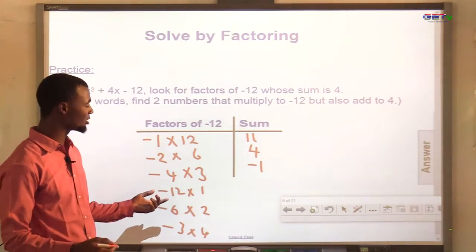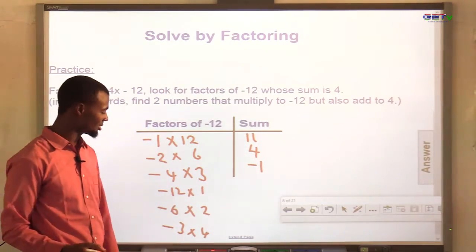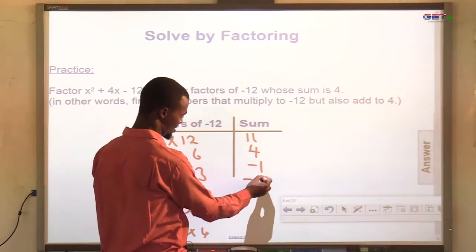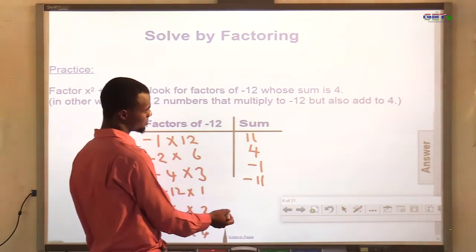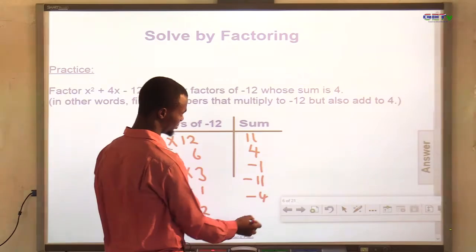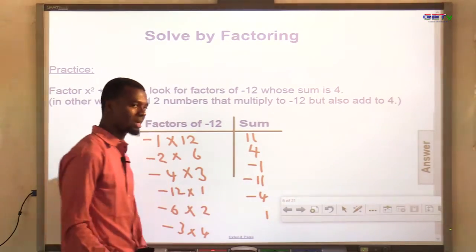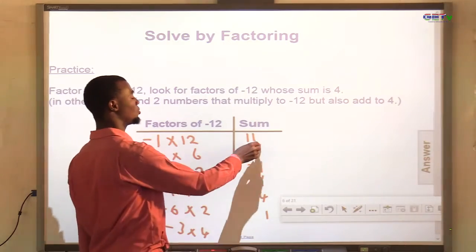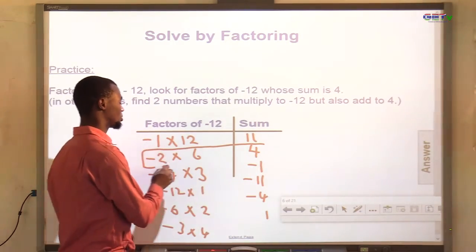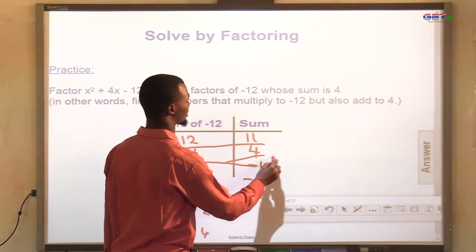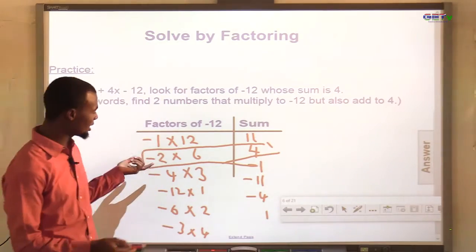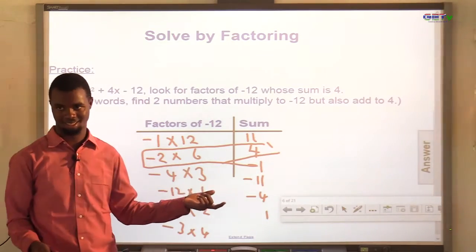Negative 12 plus 1 will give you minus 11. Negative 6 plus 2 will give you minus 4. And negative 3 plus 4 will give you 1. So you can see it's only one set of the factors that can give you that. This one here, negative 2 and 6.